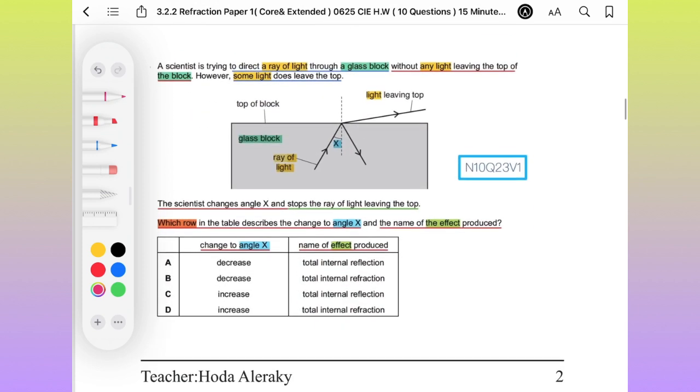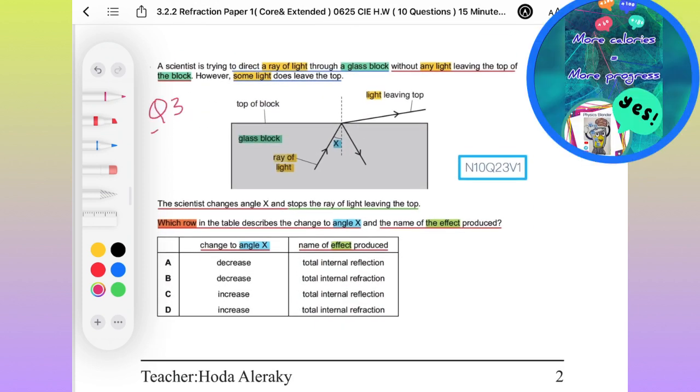Okay, question number 3. A scientist is trying to direct a ray of light through a glass block without any ray leaving the top of the block. So it means the scientist is trying to allow all the rays to be totally internally reflected inside the glass block. So in this case, what are the changes to angle x? We are increasing angle x.